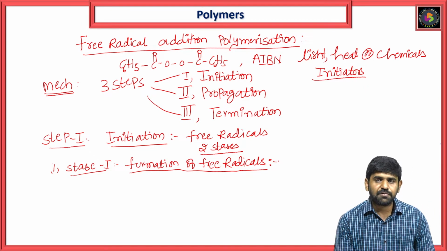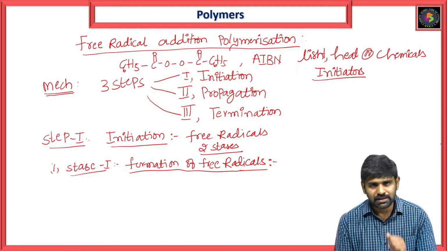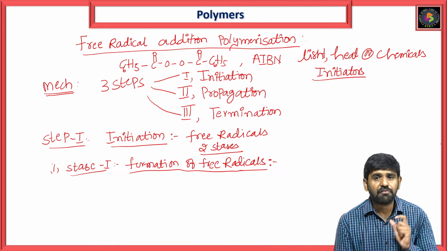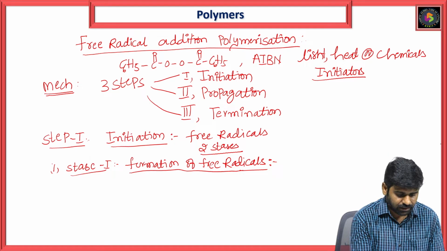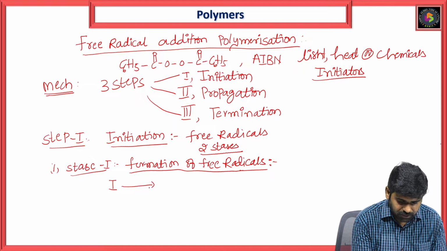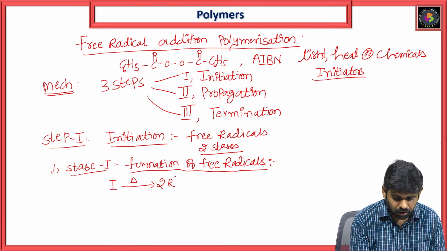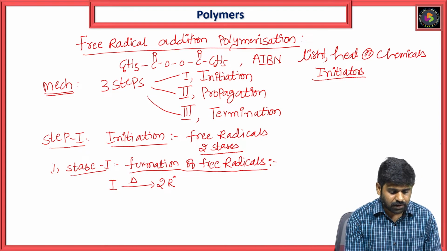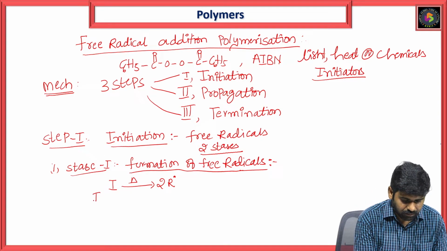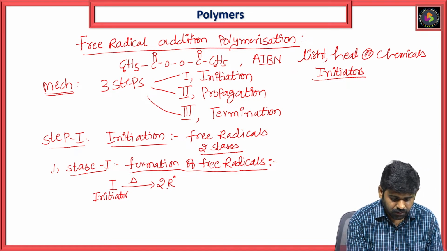Generally these free radicals are generated by the action of heat. Here I am writing I, which upon heating gives free radicals R dot, where I is the initiator and R dot is the free radical.